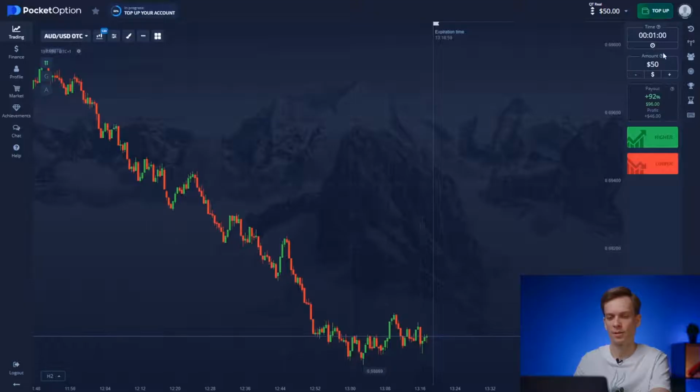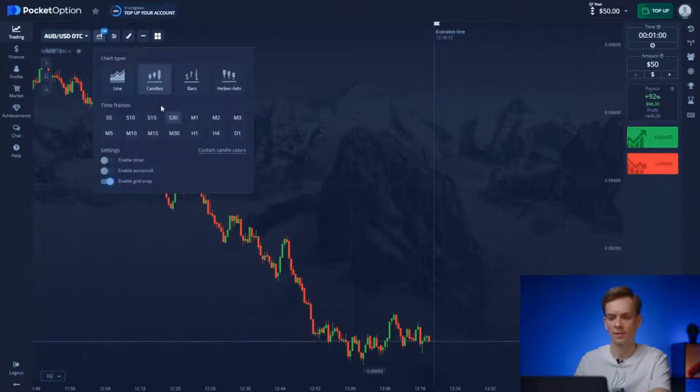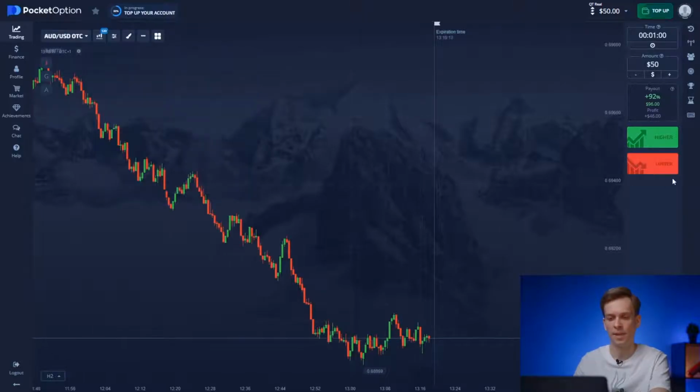I've chosen an investment amount of $50. I just hold my cursor here and enter the amount I want. I'm going with the standard trade time frame of 1 minute. I've shown you where to select that. We've got a candlestick time frame of 30 seconds. You can modify this option here. Now let's add the currency pairs.